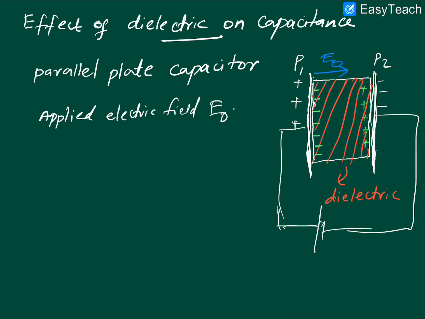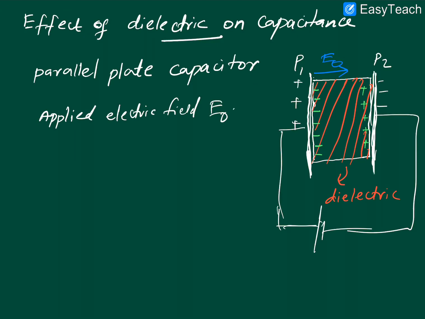Now you can see there is a charge separation inside the dielectric. When you keep the dielectric in an external electric field, there is a charge separation, isn't it? Negative charges are on one side and positive charges are on the other side.